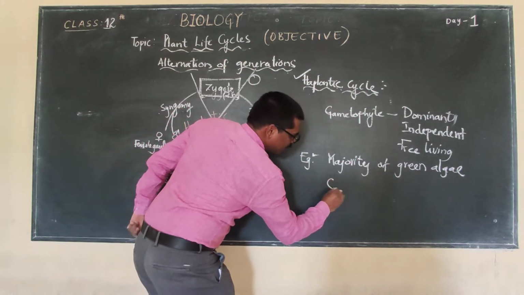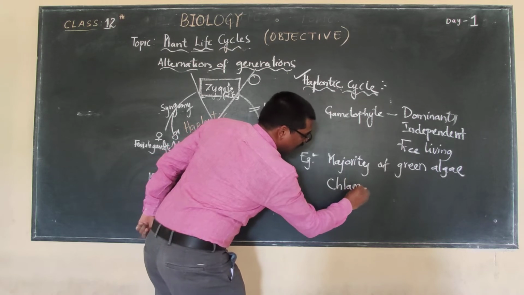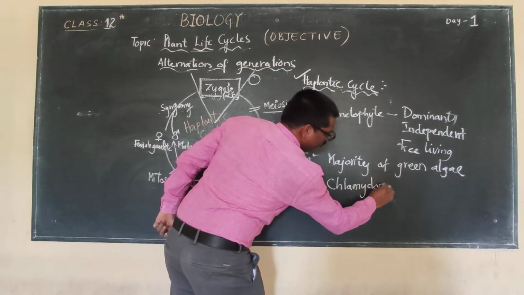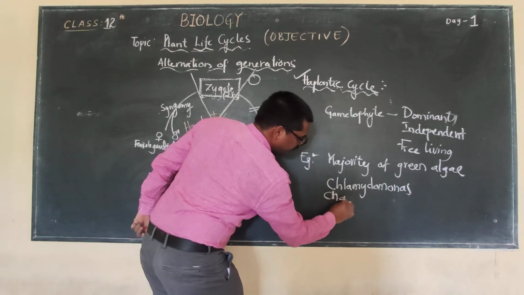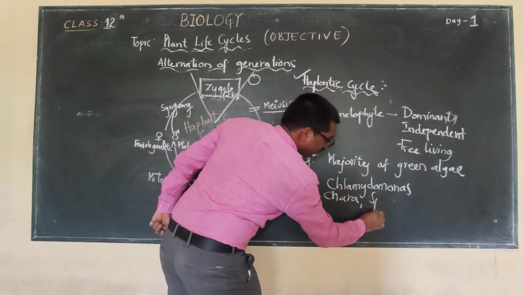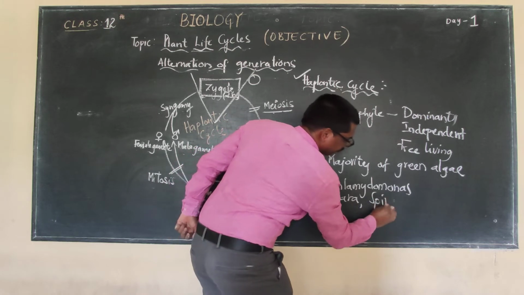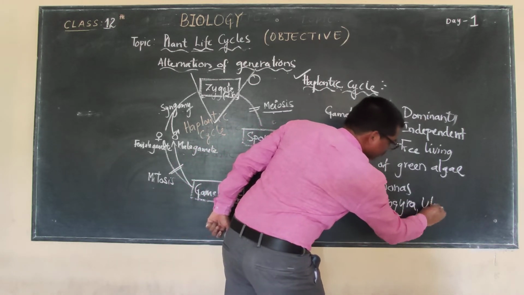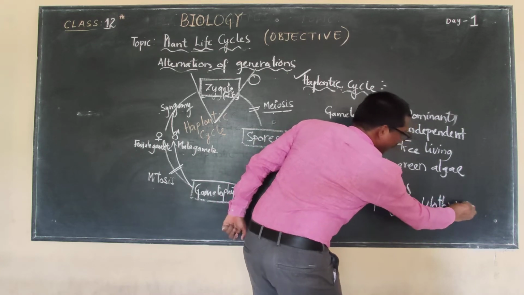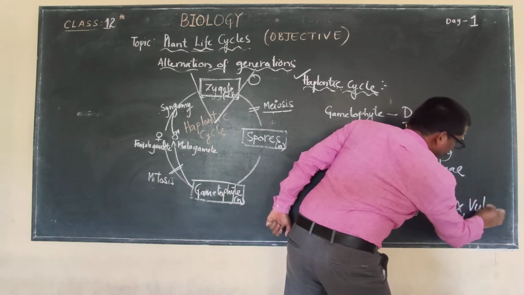The best example is always Chlamydomonas, Chara, Spirogyra, Ulothrix, and sorry, this is Volvox.